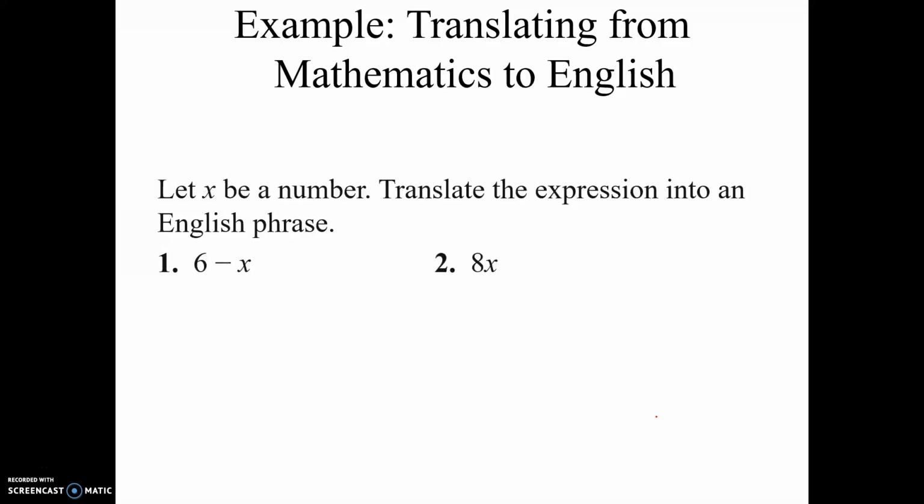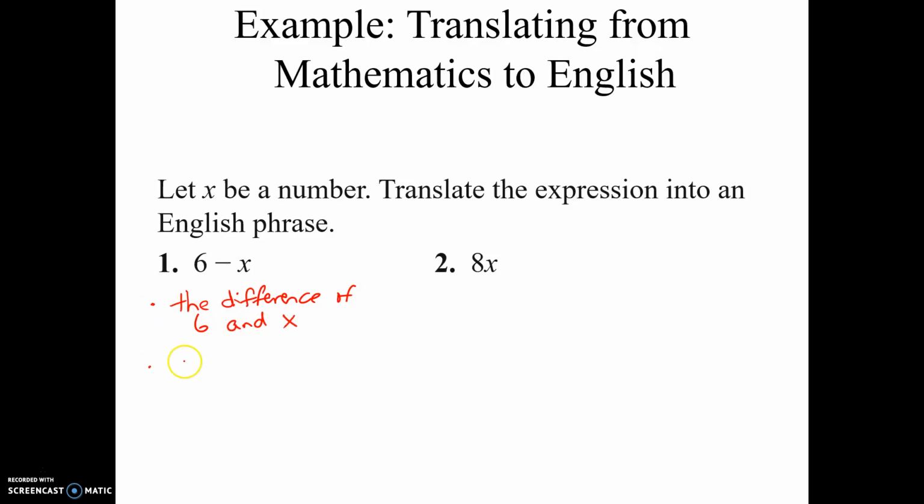Now, in these, translate the expression into an English phrase. Since there are many different words to represent subtraction, there are many different choices. I'll give you one. One way to write this is the difference, because difference means subtraction, of 6 and x.